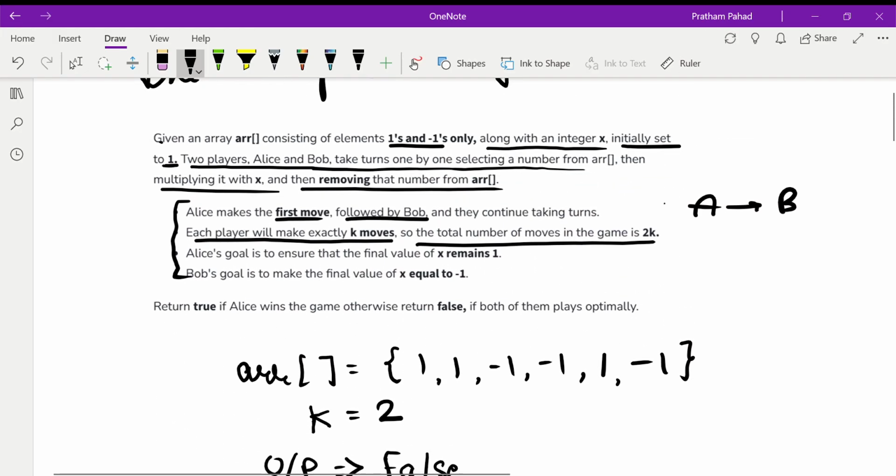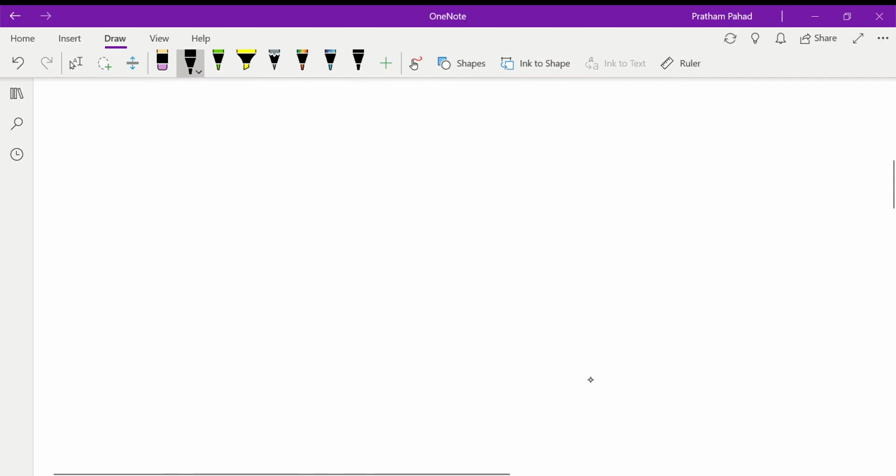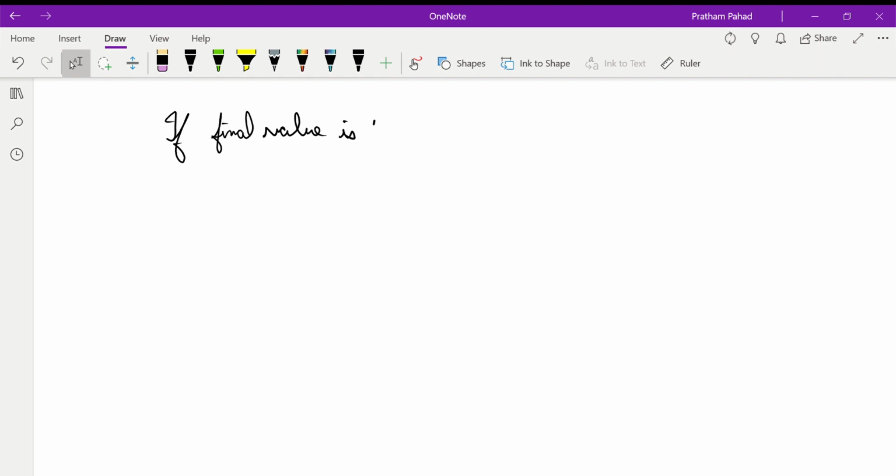Now Alice's goal is to ensure that the final value of x remains 1, and Bob's goal is to make the final value of x to be -1. Return true if Alice wins the game, otherwise return false, if both of them play the game optimally. So what the question is saying is that if the final value is 1, means it is positive, then Alice wins the game and return true.